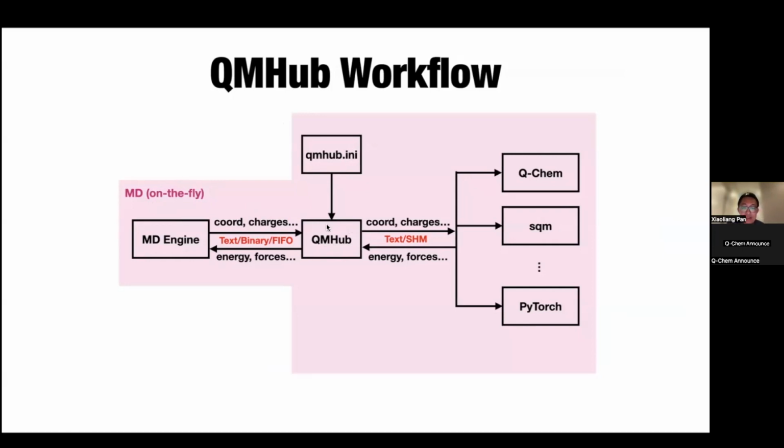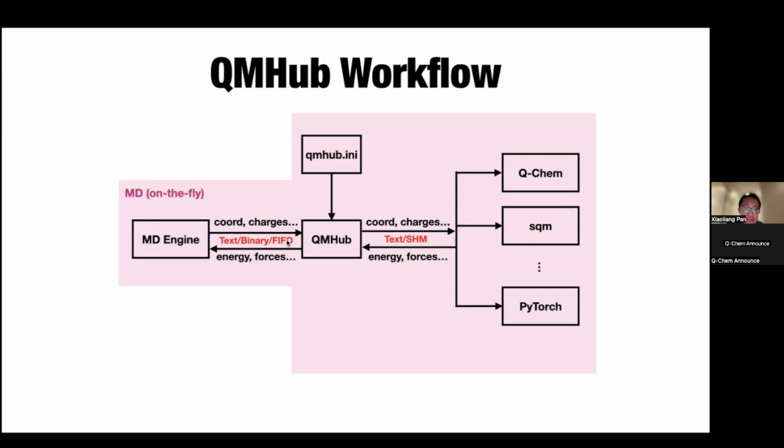In this case, we launch QMHub as a service running in the background. And then the MD engine, so in this example, we use a sender from the Amber tools.